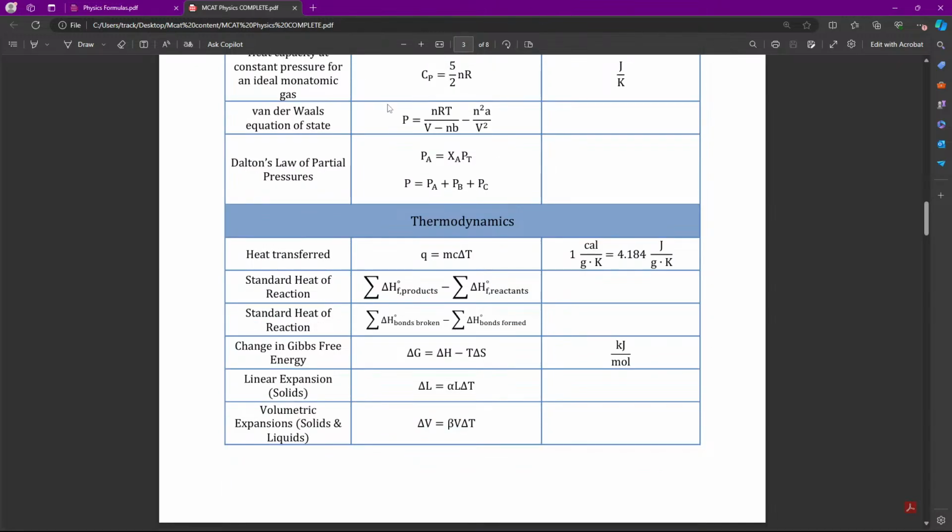Heat transfer, Q equals MC delta T. Standard heat of fusion is delta H equals products minus reactants. Standard heat of reaction is bonds broken minus bonds formed. Gibbs free energy is delta G equals delta H minus T delta S. Linear expansion is delta L is equal to alpha times L times delta T. Volume expansion is delta V equals beta times V times delta T.